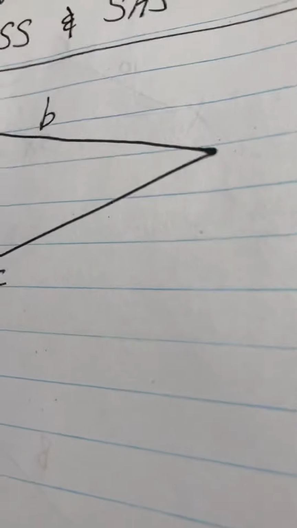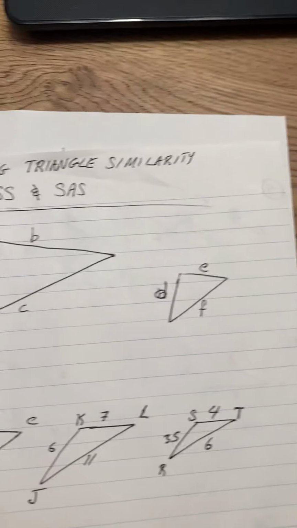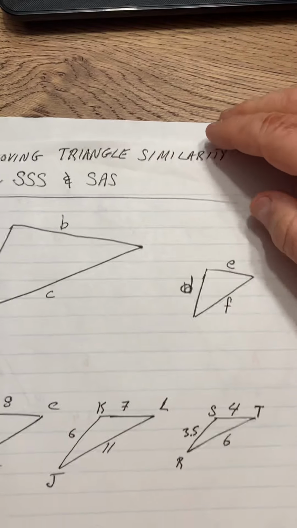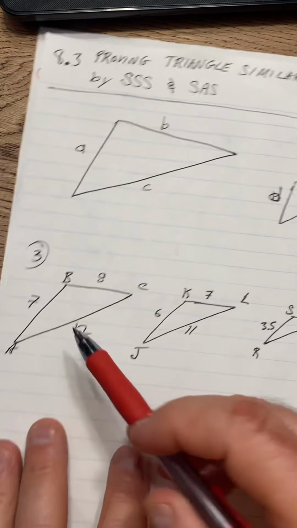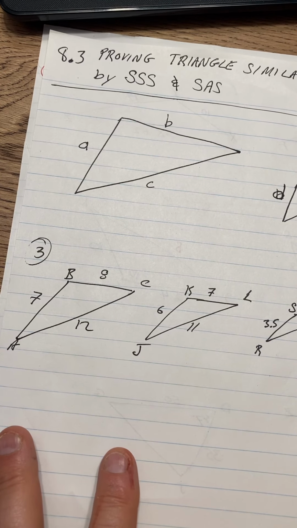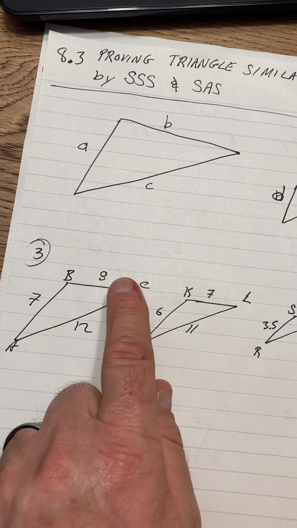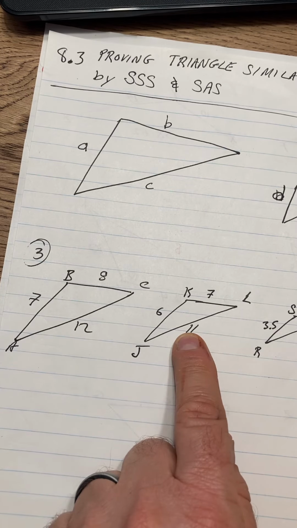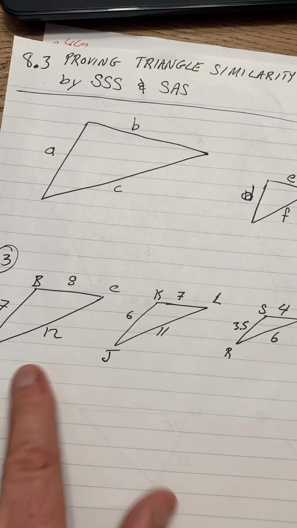Let's start with some of the problems. Question number 3. It says, determine whether triangle JKL or triangle RST is similar to triangle ABC.